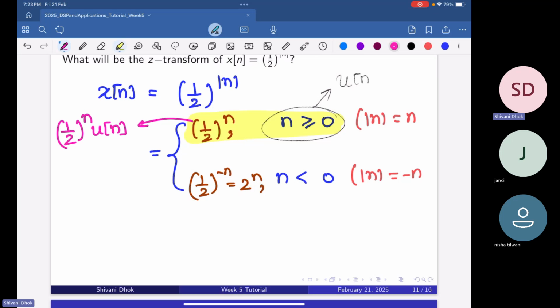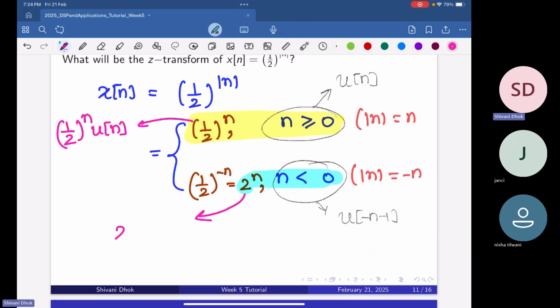Similarly, if you look at this part, this 2 to the power n for n less than 0, this is exactly similar to the case we had for a to the power n for n less than 0. This region can be captured by u of minus n minus 1. We have seen this earlier. Therefore, I can write this as 2 to the power n into u of minus n minus 1.